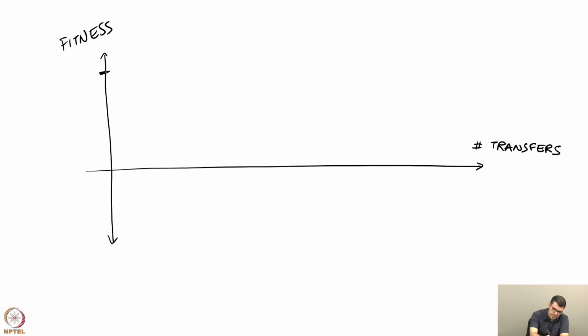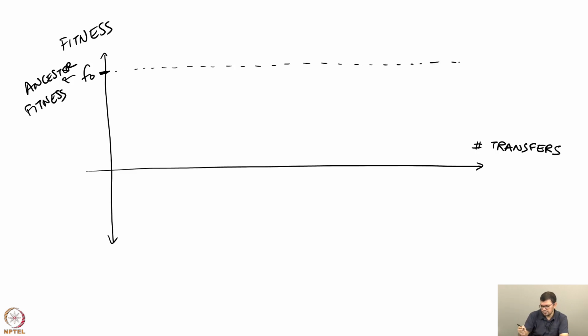Let us say this is the starting fitness F naught, which is the ancestor fitness. What I would like you to try and guess here is how the fitness would change as I do this experiment for, let us say, 300 transfers. I will give you 10 seconds to think about it, and then we will discuss what is actually seen in a mutation accumulation experiment.